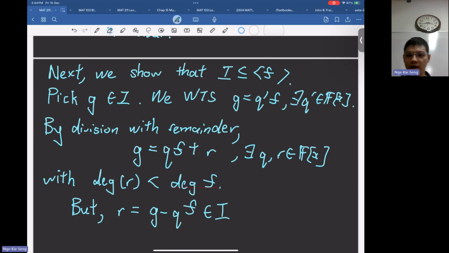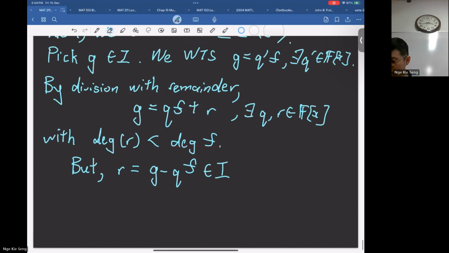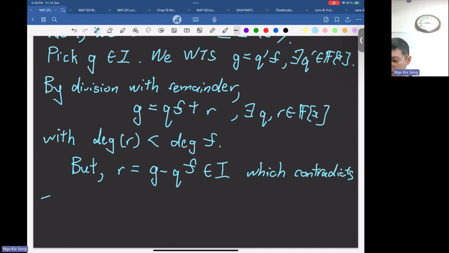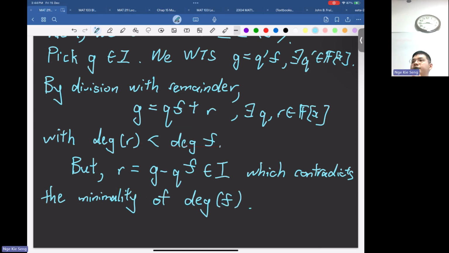This contradicts the minimality of the degree of f. So this means that r has to be 0.